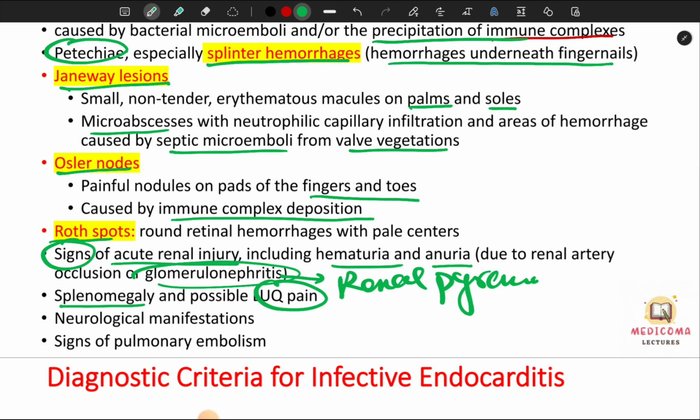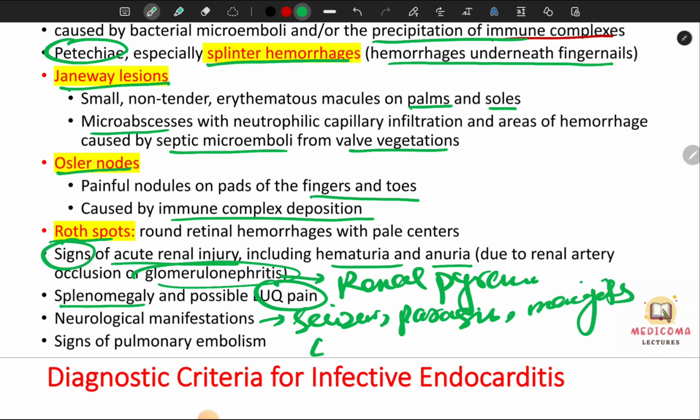And there are also neurological manifestations, which may include seizure, paralysis, and, because there are septic emboli, stroke due to hemorrhage, maybe due to meningitis, encephalitis, or abscess. So these are the neurological manifestations.